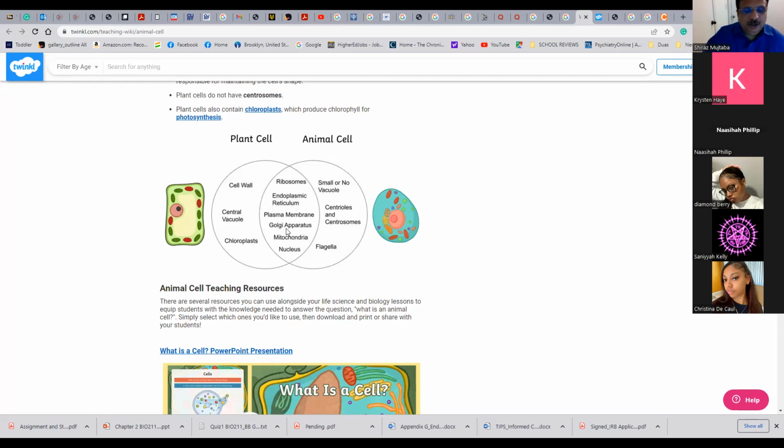Golgi apparatus also helps in protein processing so that these proteins could either be glycosylated, a lipid moiety could be attached to the protein, or a sulfate moiety could be attached. So all this protein processing happens in the Golgi apparatus.